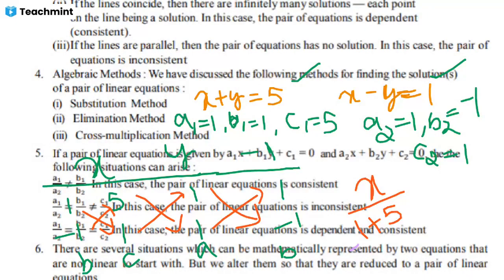So that is equal to y divided by 5. If you cross multiply this, you'll get -1, and that is equal to -1 by this. If you cross multiply -1, this will be again -1.